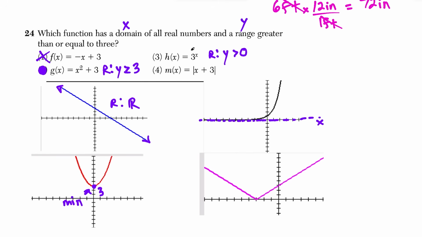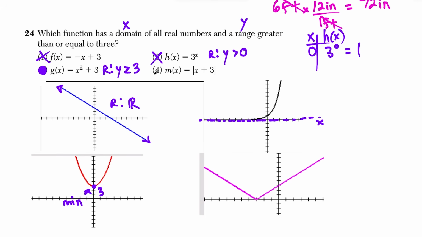Okay, so if I look at my table, I'm seeing values here that are greater than 3. However, for h of x, if you just look at the table for this, let's say you were to plug in x equals 0. If you had 3 to the 0 power, this would equal 1, and there's a y value that is less than 3, not greater than or equal to 3. So this one is out.